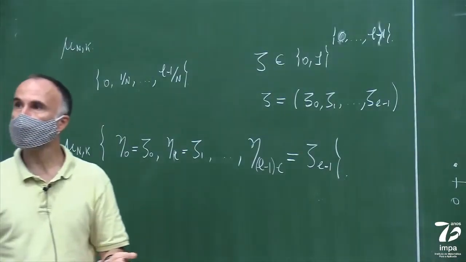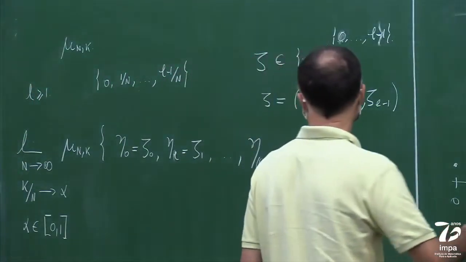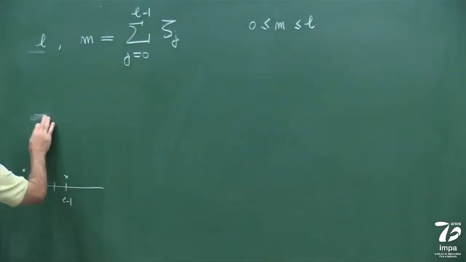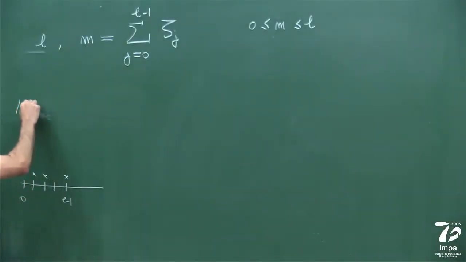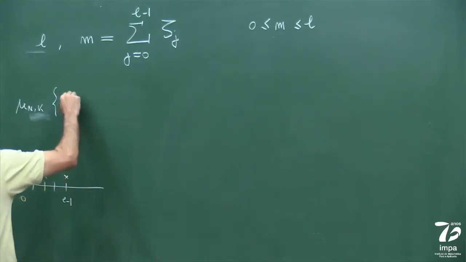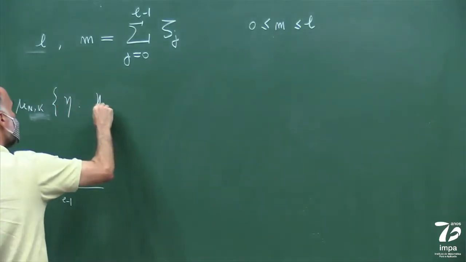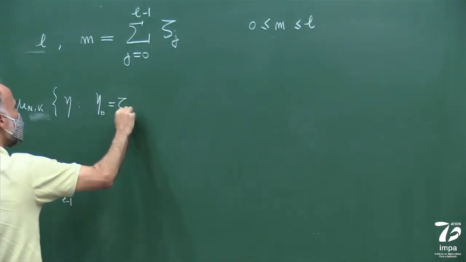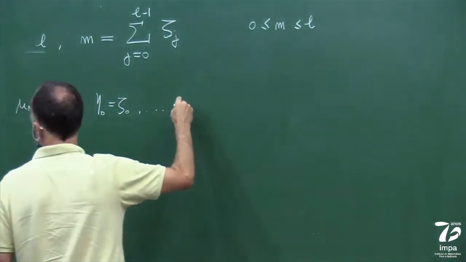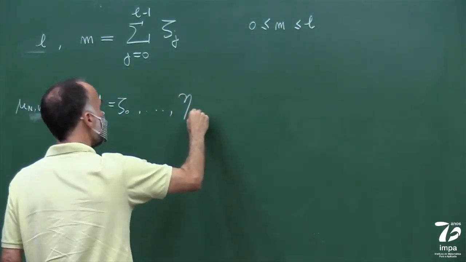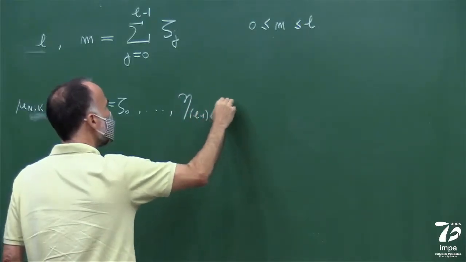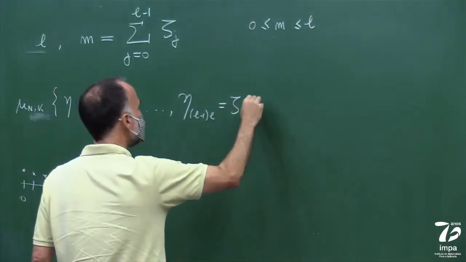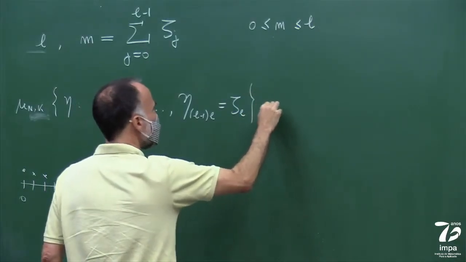The total number of configurations we know: mu n,k of all configurations such that eta 0 is equal to zeta 0 up to eta L minus 1 over n is equal to zeta L minus 1.